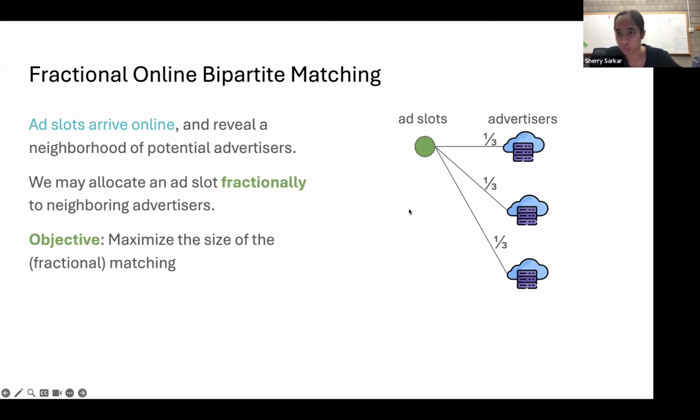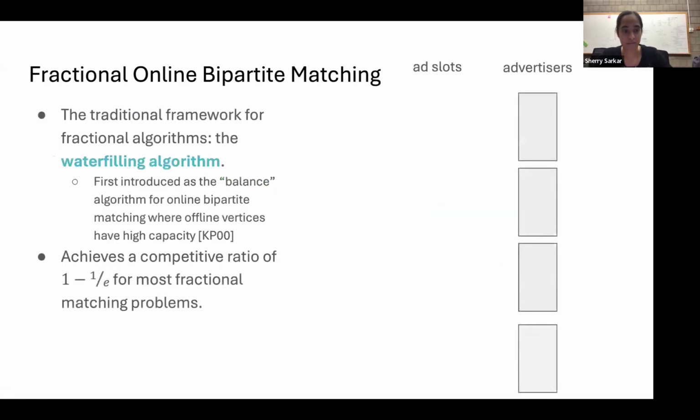This sums up to at most one. I can do the same thing with the second advertiser. Maybe I give half to each of these. And then when this last advertiser comes in, I can only give a sixth mass to this last advertiser because it's already 5/6 full. Okay, so this is fractional online bipartite matching.